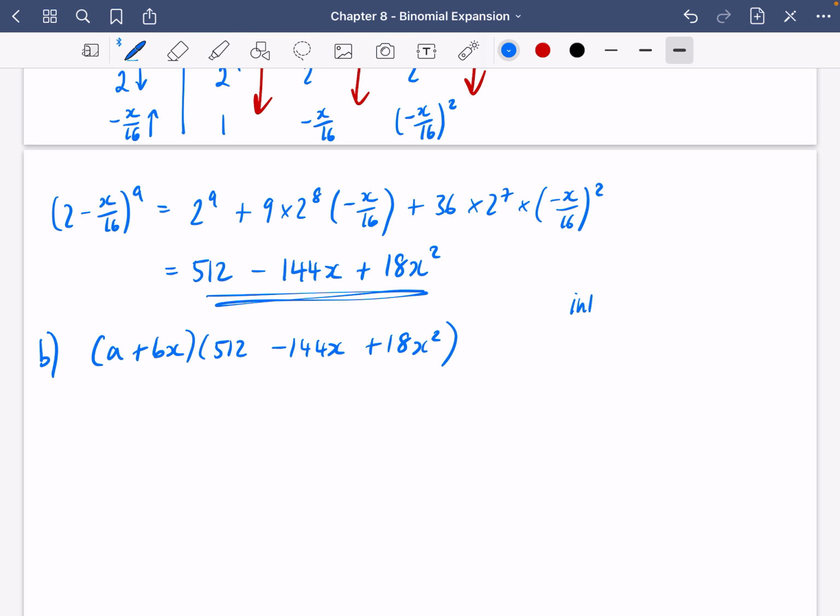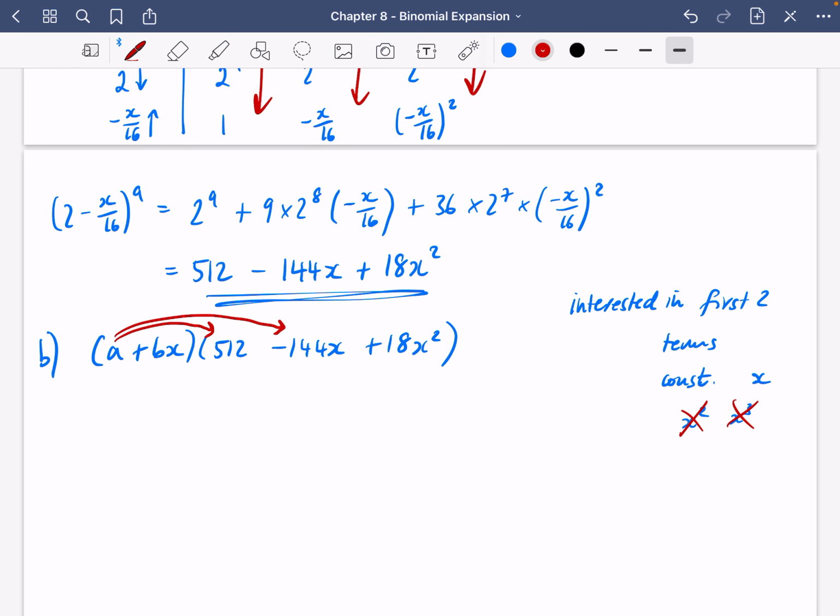Now I'm only interested in the first 2 terms. In other words, I'm interested in the constant and the x part. If it's an x squared or an x cubed, I'm not bothered because it doesn't tell me anything. So I'm going to just do the bits of the expansion that will give me a constant or an x. So I could do the a times the 512 and the a times the 144x.